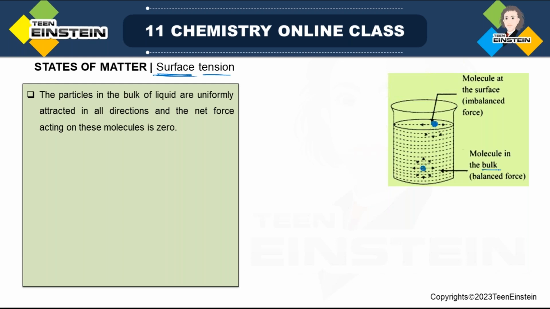Which is the molecule in the bulk? For the bulk molecule there is a balanced force, because the other particles exert the same force on it from all sides. Three-dimensionally, it is the same from all sides; the force from one side is nullified from the opposite direction.